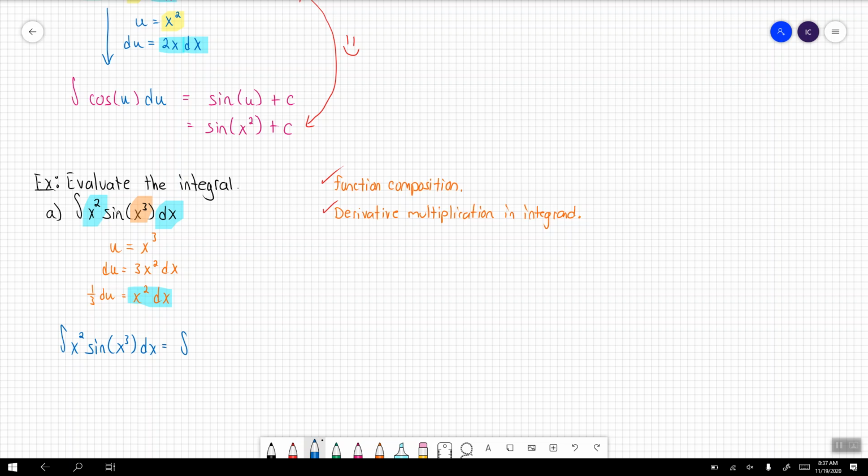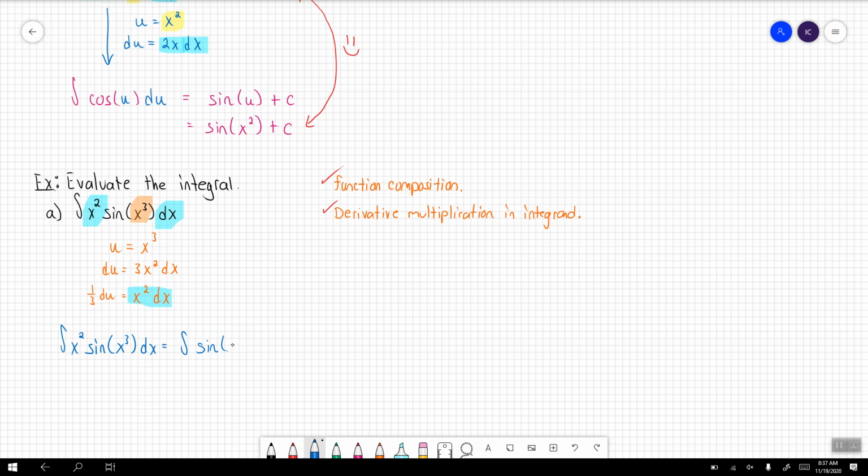Remember the substitution that we're going to make: sine stays the same. X cubed is no longer x cubed, x cubed is now u. So I'm making my substitution for u. There we are.